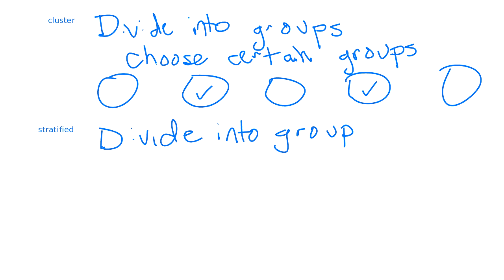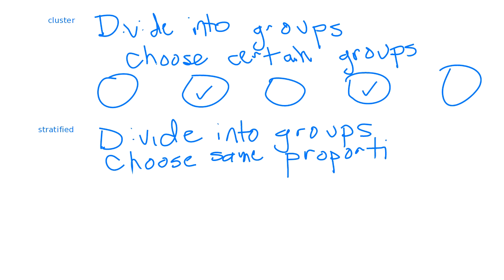So you do the same thing, but you choose a proportion out of each group. You choose the same proportion out of each group.